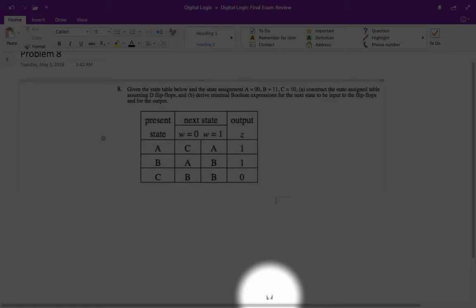This is problem 8 of the exam review worksheet, and in problem 8 we're given a state table and the state assignment, and we're supposed to construct the state assigned table and derive minimal Boolean expressions for the next state to be input to the flip-flops.